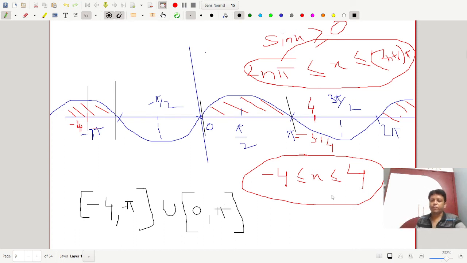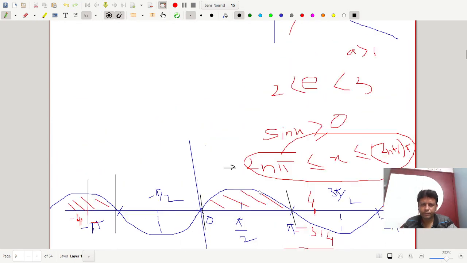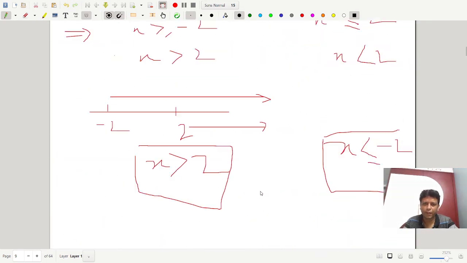From the diagram. Because if you include 4, sin x will be negative. So you have to find out the intersection of this region and this region. Am I clear everybody? Everyone, have you understood?